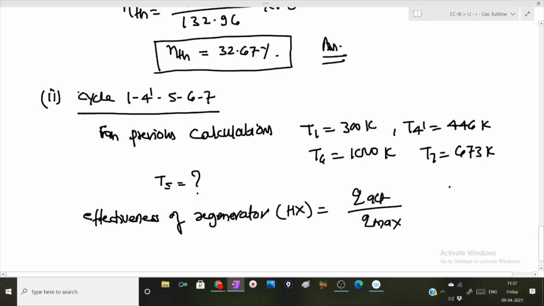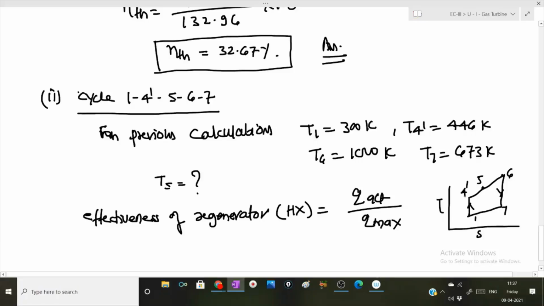Now I draw the cycle here itself: 1, 4 dash, 5, 6 and 7. What will be the actual heat transfer?